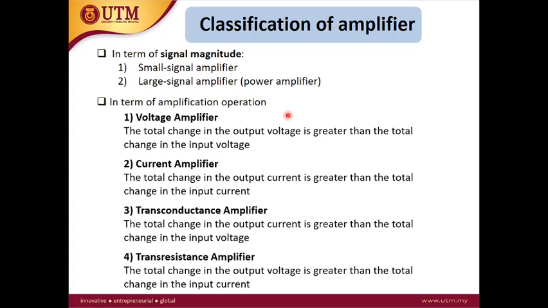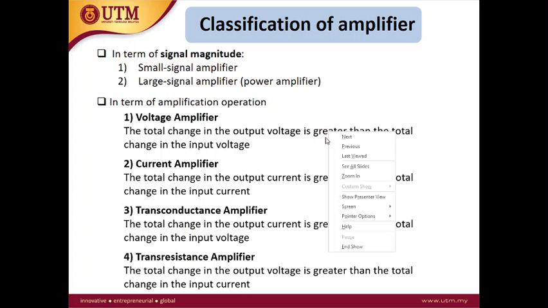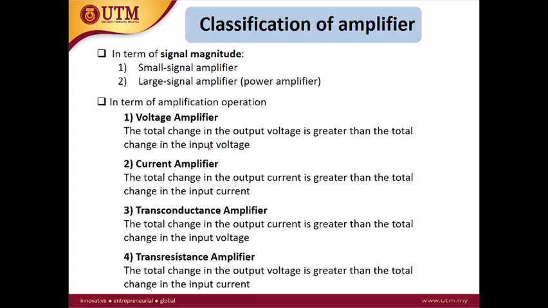And then the classification of amplifier in terms of its input and output quantity can be classified as follows. The first one is voltage amplifier. Voltage amplifier is where the input is voltage and the output is voltage.